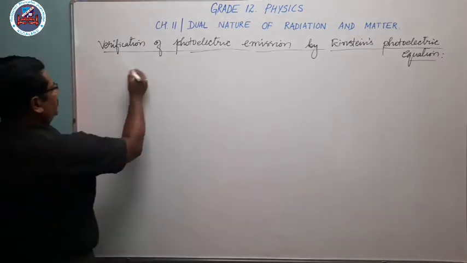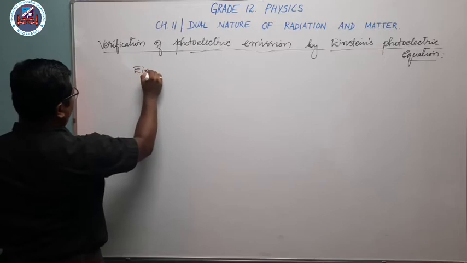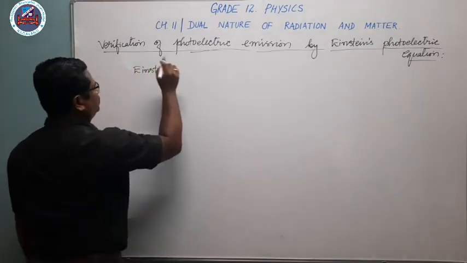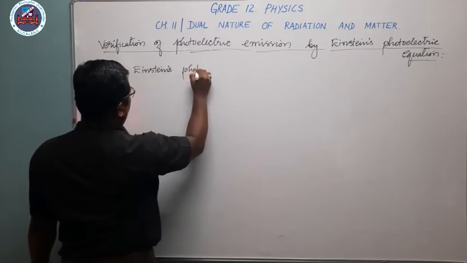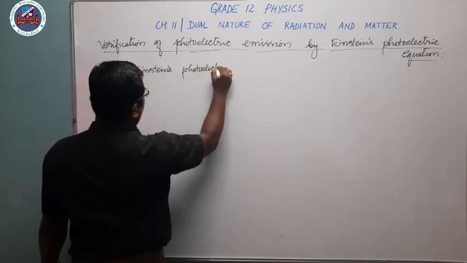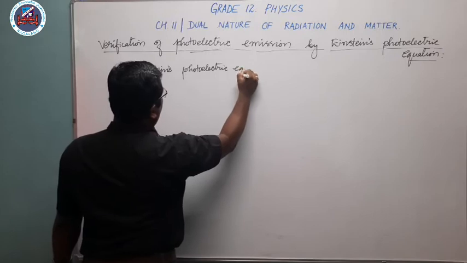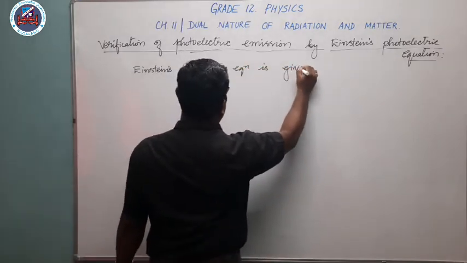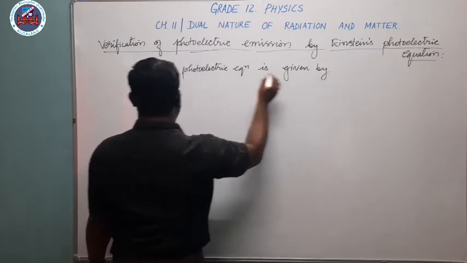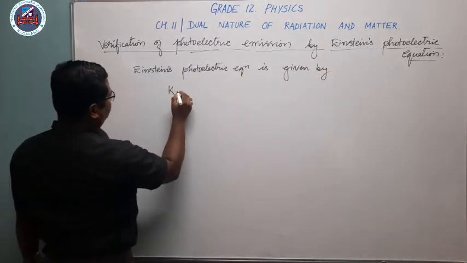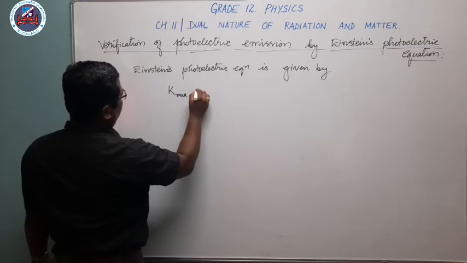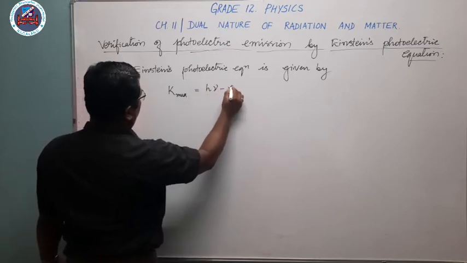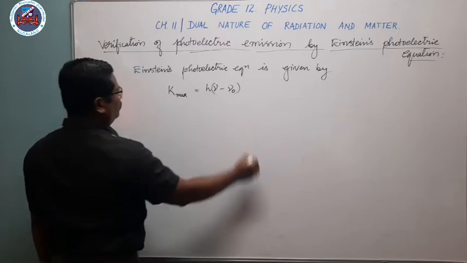Einstein's photoelectric equation is given by kinetic energy maximum is equal to h nu minus h nu naught, or h taking common.